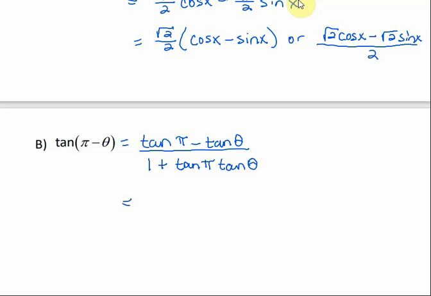The tangent of pi is 0 minus tangent of theta over 1 plus 0 times the tangent of theta. Okay, so 0 times tangent down here, that turns to 0. And we can just get rid of that 0 in the numerator. So we have a negative tangent of theta over 1, which would just be a negative tangent of theta.